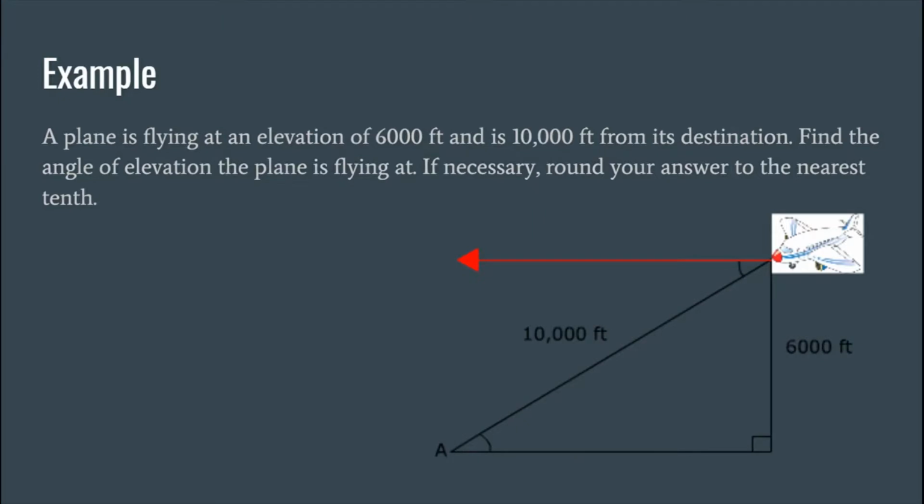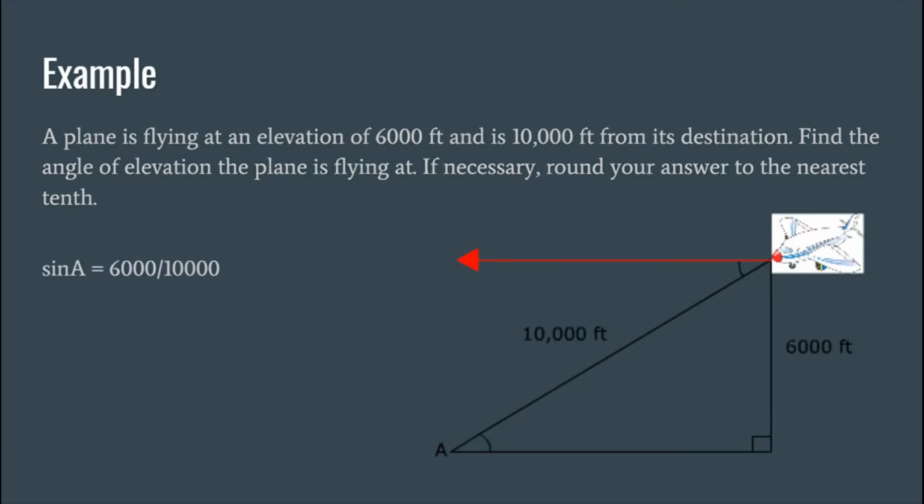We have angle A, which is missing, we have 6,000 feet, which is the opposite side, and we have the hypotenuse, 10,000 feet. The basic trig function that uses those 2 sides in the ratio is sine. So our initial setup will look like this.